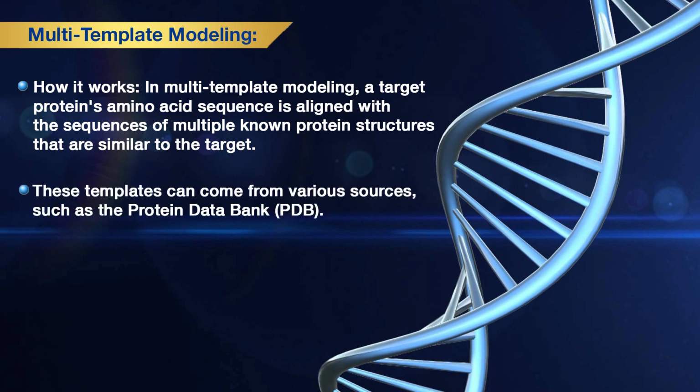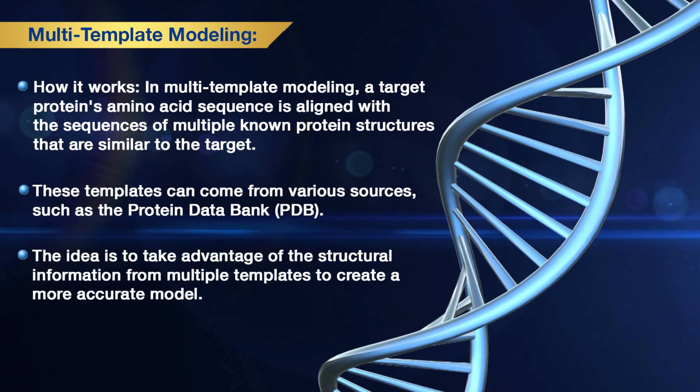These templates can come from various sources such as the Protein Data Bank, which is also known as PDB. The idea is to take advantage of the structural information from multiple templates and to create a more accurate and well-fit protein structure. So, now let us see what is the advantage of multiple template modeling.